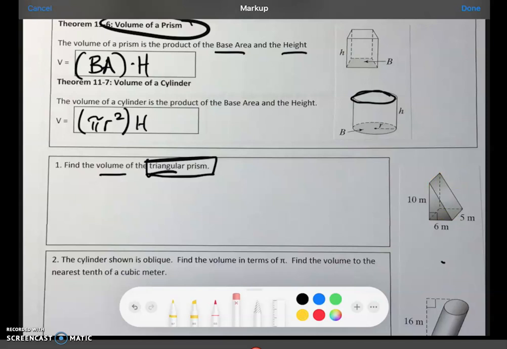So in actuality, the base is a triangle. This prism kind of got flopped on its side. There's a triangle here in yellow, and then there's a congruent triangle in the background. So keep that in mind. Not all prisms are always on the ground. This one just got flopped over. So going front to back like this is actually the height.